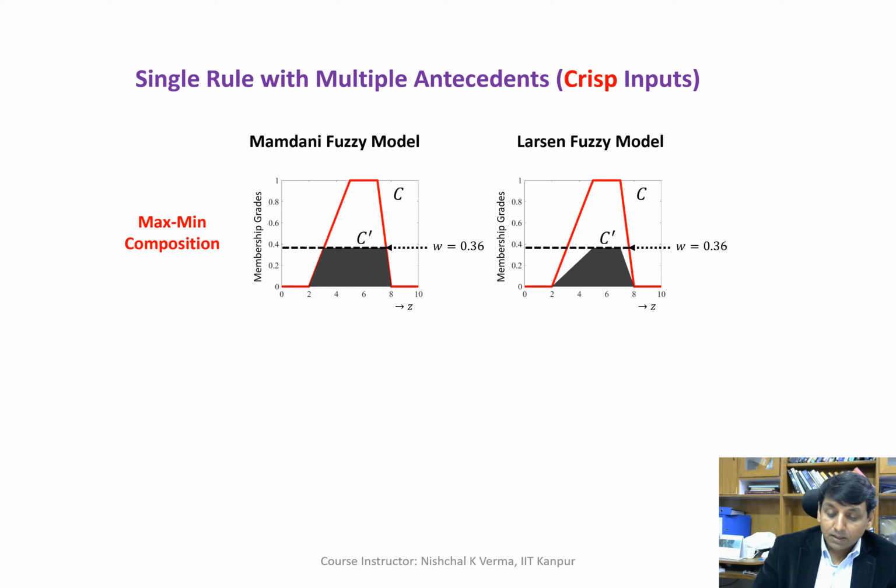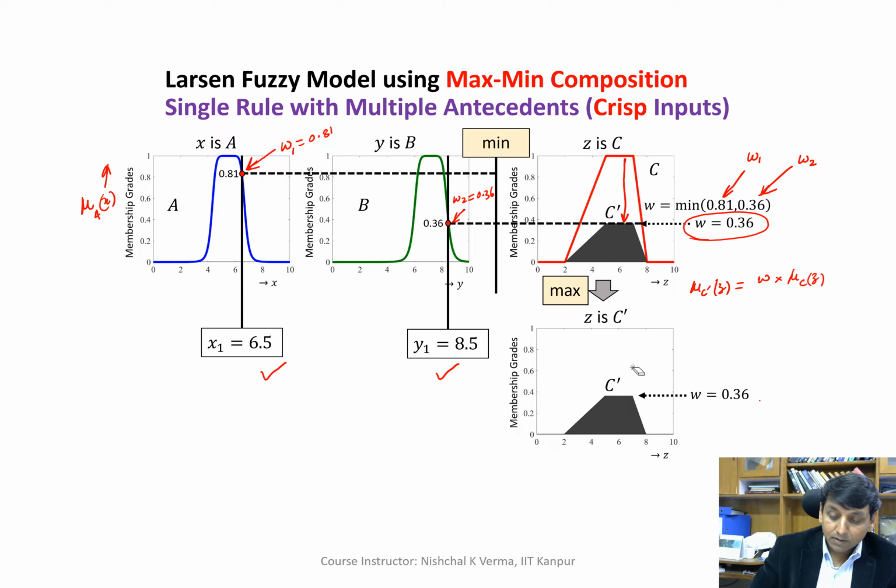And here the output fuzzy set will be c dash, and this you can represent by simply mu c dash. And since we have only one rule, max is really not applicable here. Whatever outcome that we are getting here will remain the same.